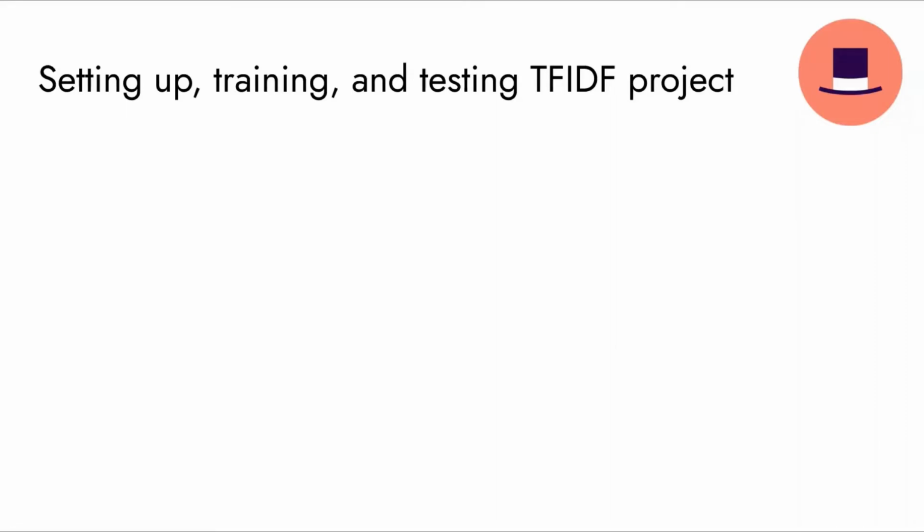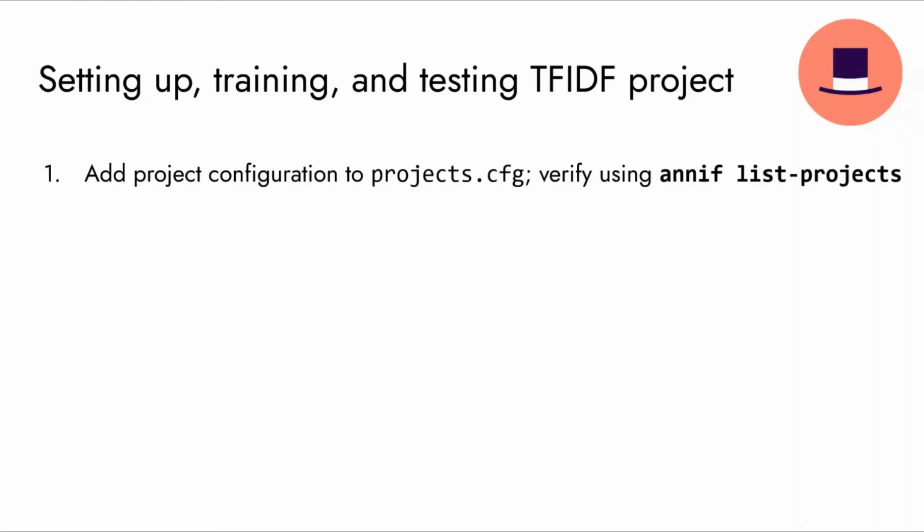Here are the steps for setting up a new TFIDF project. The first step is to add the project configuration to a file, here projects.cfg. We can verify it by using the Annif list projects command.